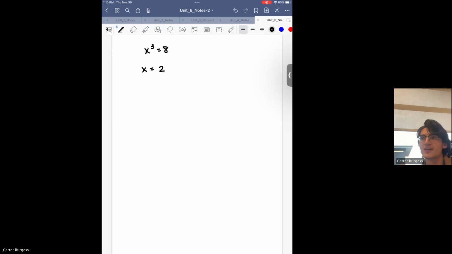Except, let's reconfigure this ever so slightly to get it into a form that we saw way back in Unit 2. If I subtract 8 from both sides, then this statement should be equivalent to saying that x cubed minus 8 is equal to 0. What we have on the left-hand side here is a polynomial.